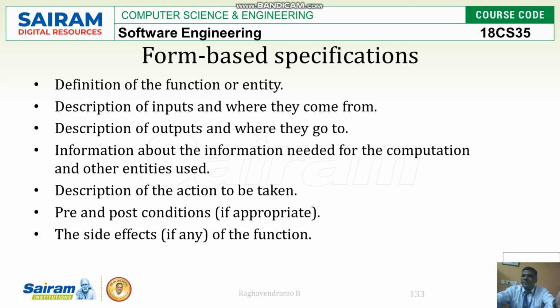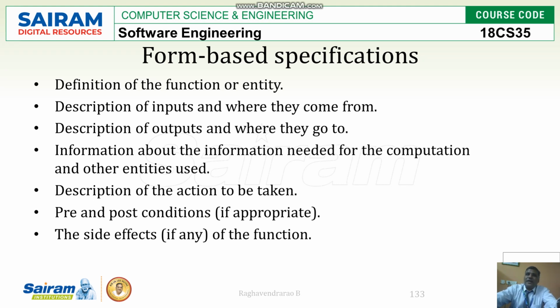Whether the output should be the next input, where it should go, that should be specified. Information is needed for the computation for the other entities. The input will be there, so that it is already computed, and next for the input this output is required, that is also going to be calculated and specified properly. You have to specify it.